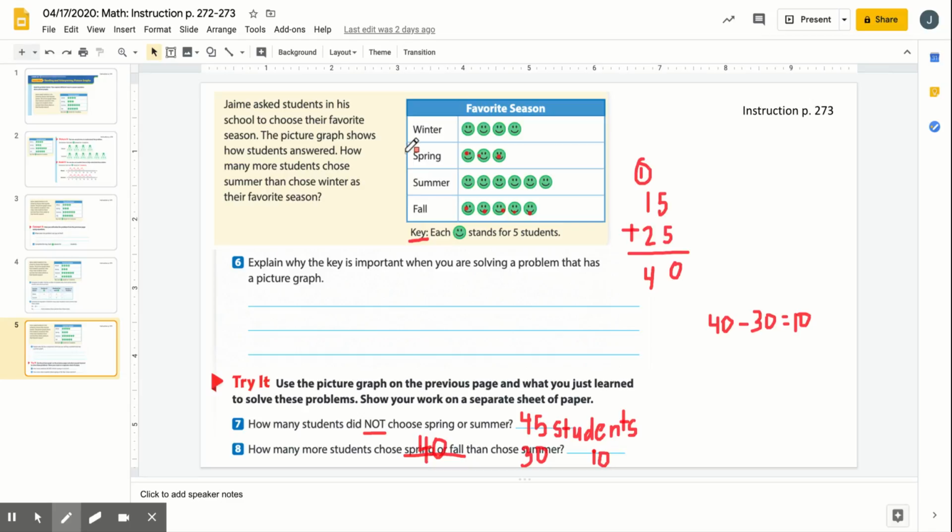So for spring and fall, you knew that there were 40. And then for summer, you can count 5, 10, 15, 20, 25, 30, and you can find the difference that way.